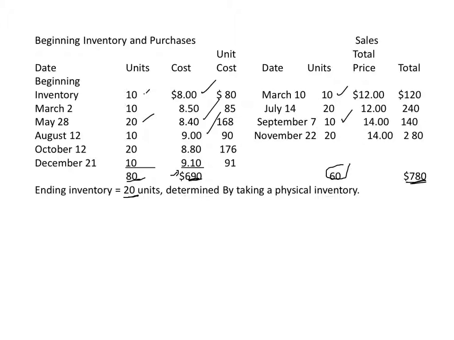The ones bought on May 28th or October 12th, or a mixture of December 21st and August 12th? Because the inventory is so similar, they have no idea which purchase this 20 came from. So we have to make some assumptions.